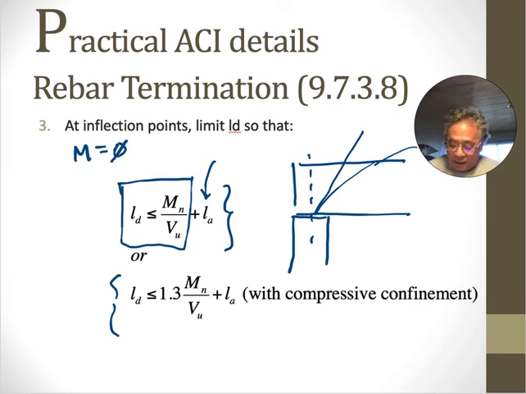But you see this bar? It doesn't stop at the support. It goes all the way past the support. And this extra length is L additional, or LA. And so you get to make it easier for the development length. The development length needs to be less than that big amount there.